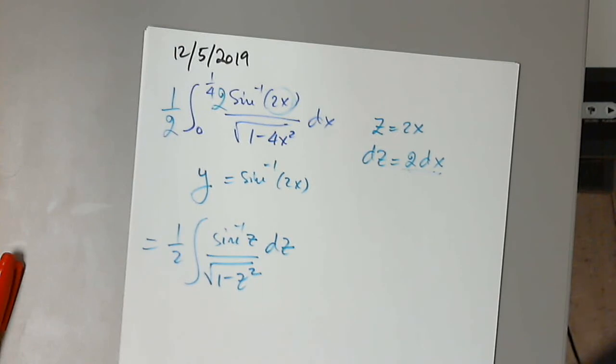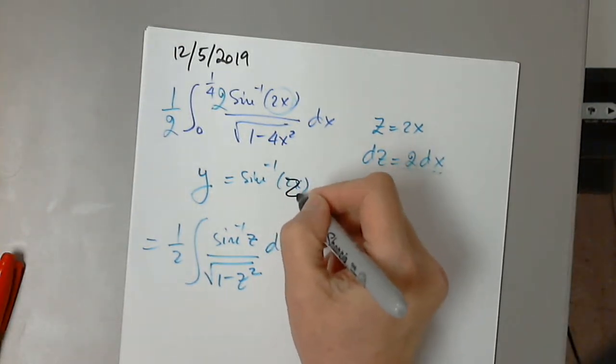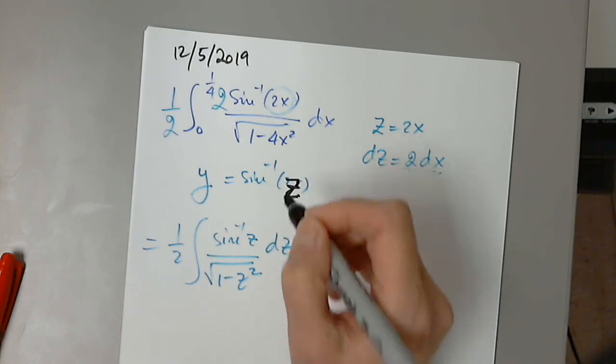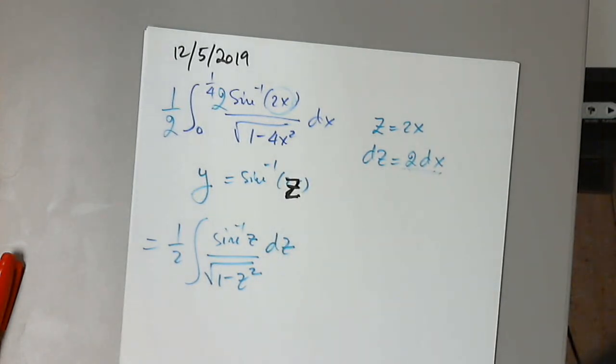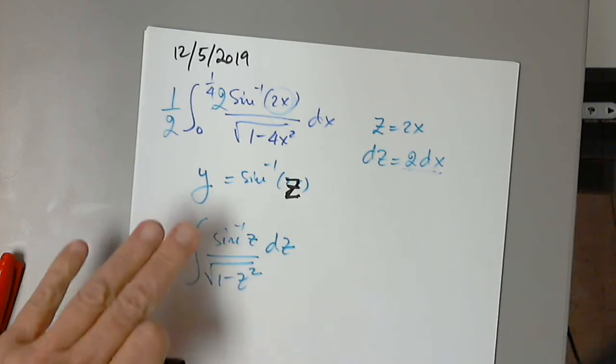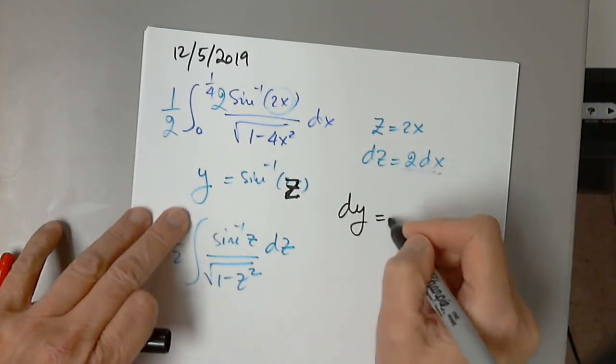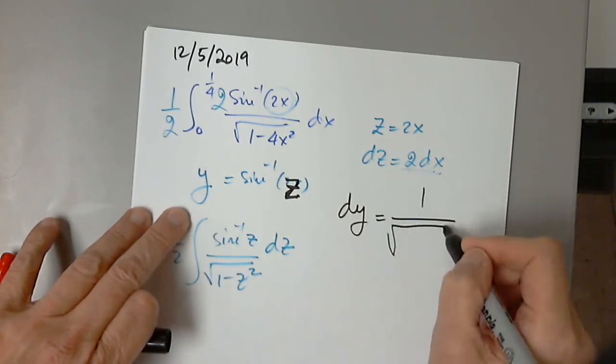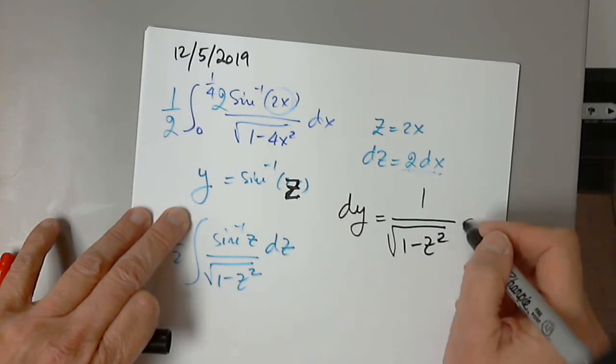Now I will use y as being sine inverse z. So when I differentiate both sides, I get that dy equals 1 over the square root of 1 minus z squared dz.